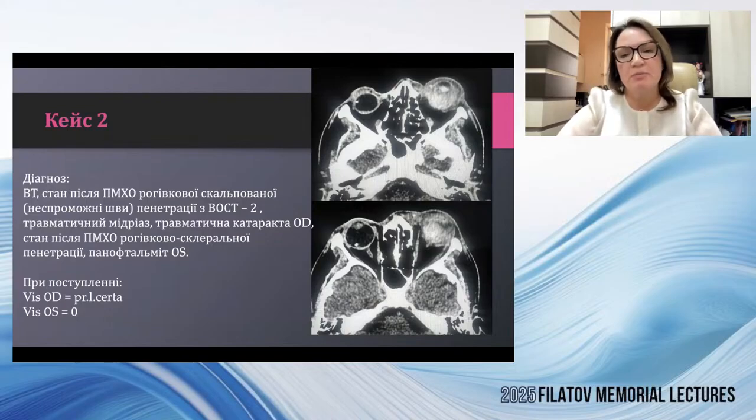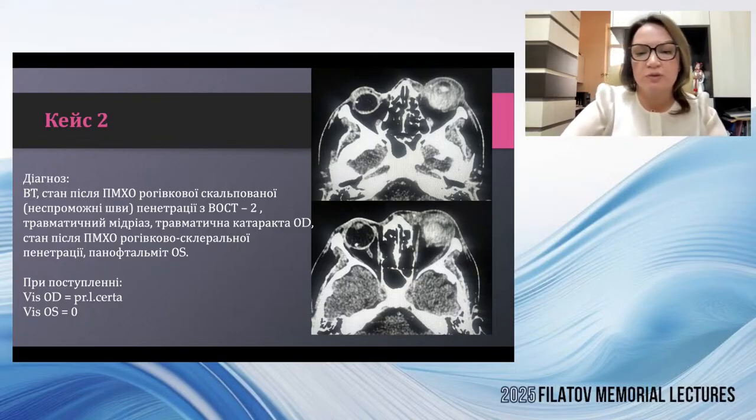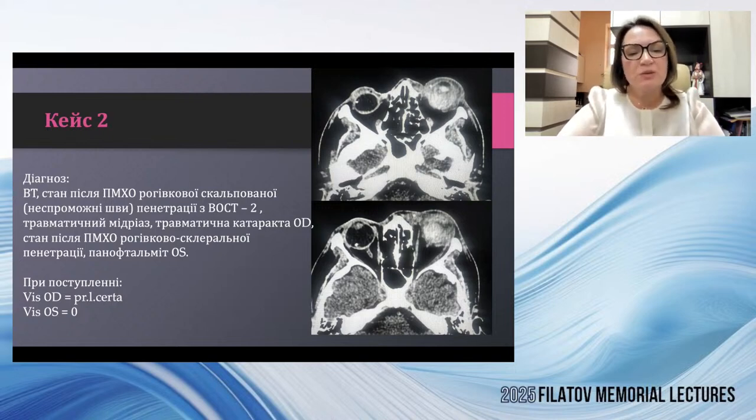Another case, the patient arrived with bilateral damage of the eyes. He had a scleral wound with insufficient sutures, intraocular foreign bodies in the right eye, traumatic cataract. No visualization was performed in the posterior part, except for X-ray. On the left, he had penetrating wounds. We found visus zero and panophthalmitis.